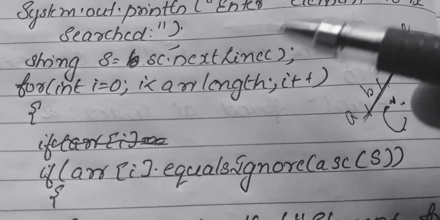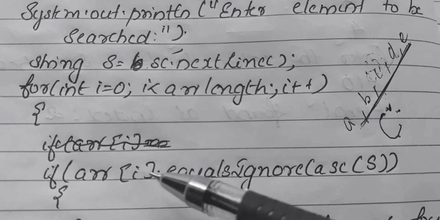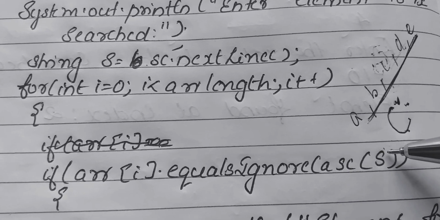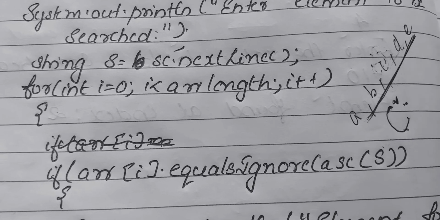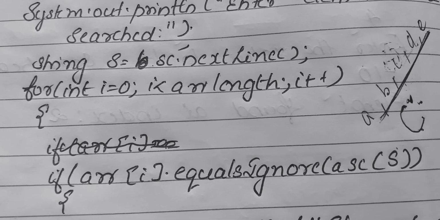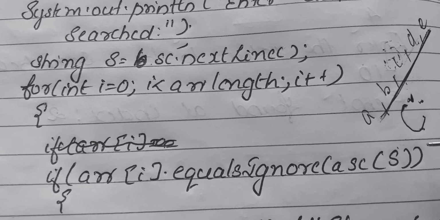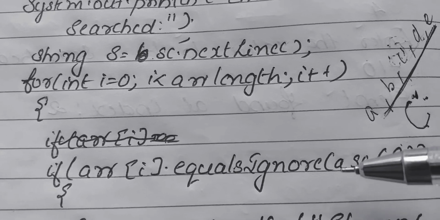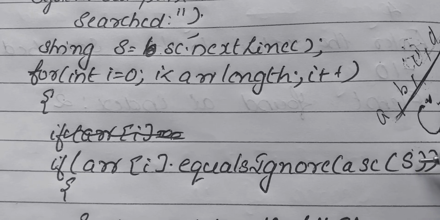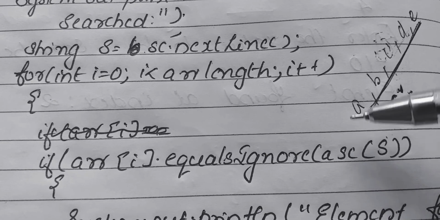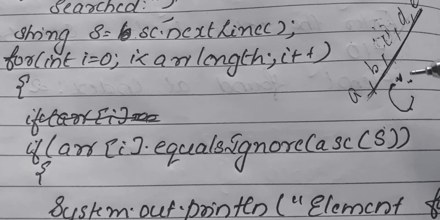Suppose you are giving arr[i].equals(s), what output do we get? Capital C doesn't match with small c, capital C is not equal to small c, so it gives the result as false. Suppose you are giving equalsIgnoreCase, that is without considering case sensitivity.